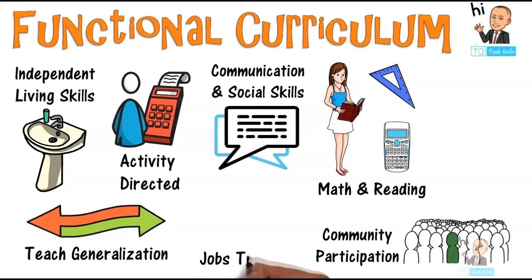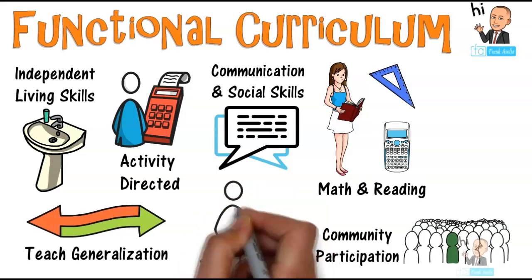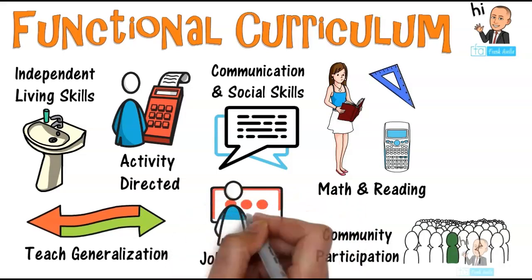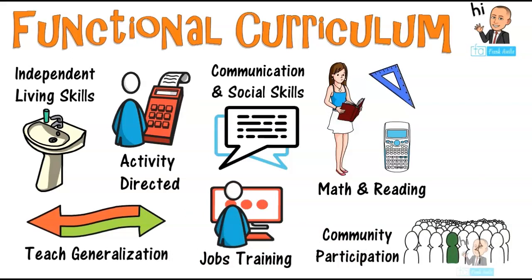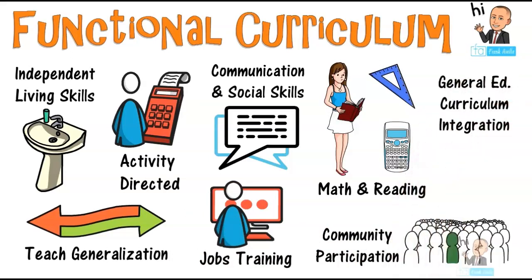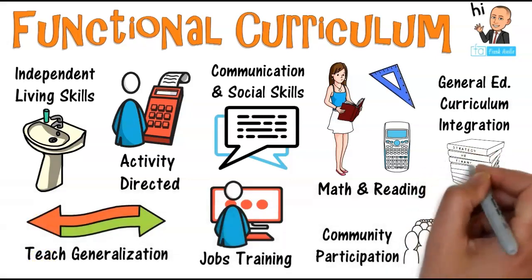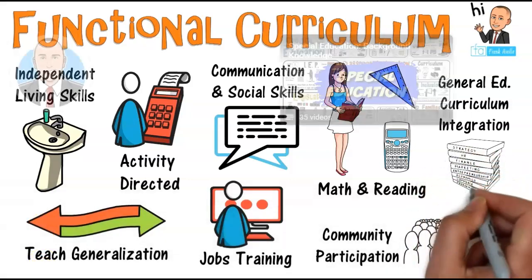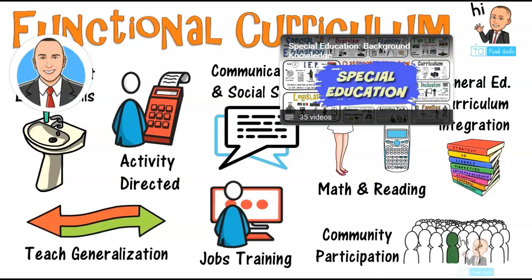Eventually, we want students to be prepared for the workforce, and as educators, we can do this through job training. Special needs students may need help with things like creating a resume or how to apply for a job. And lastly, functional curriculum should look to integrate the general education curriculum. General education topics should be challenging yet achievable. Right now, I just want to say thank you for your time. Check the description for functional curriculum resources.